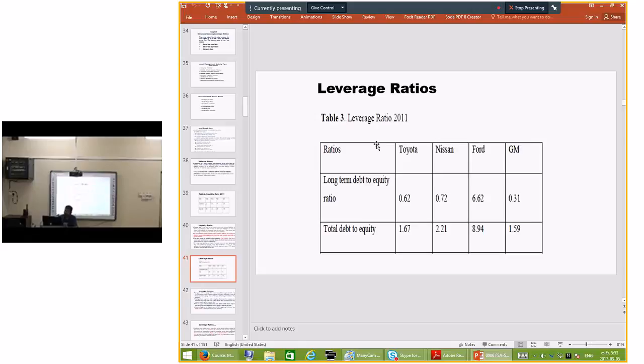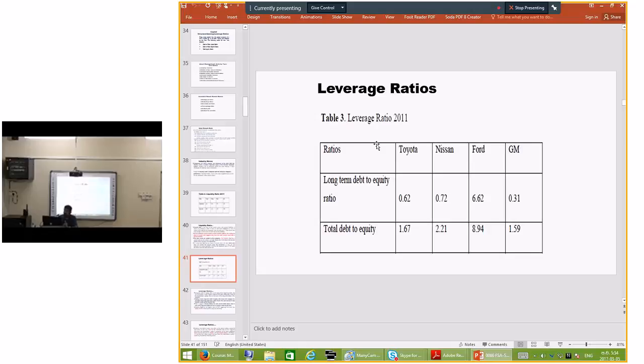Again, if we have a very low number, like 1.67, it indicates that we have the ability to increase our capital through debt capital.